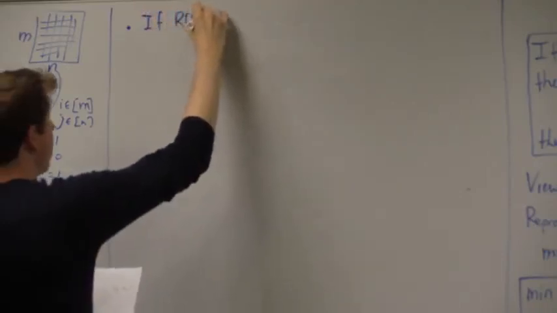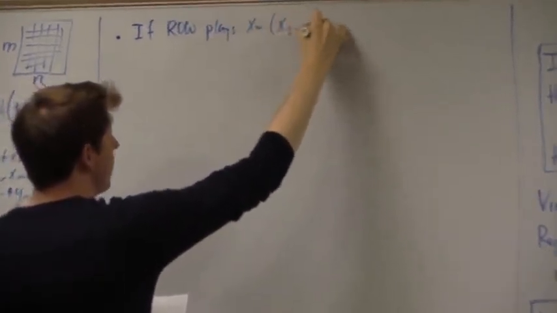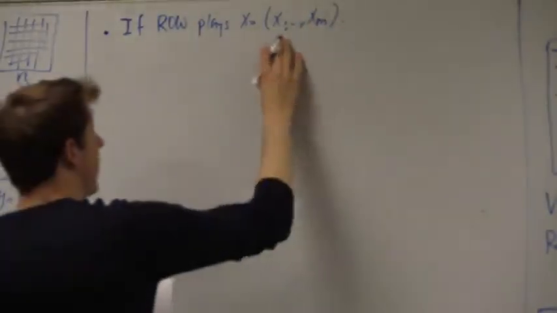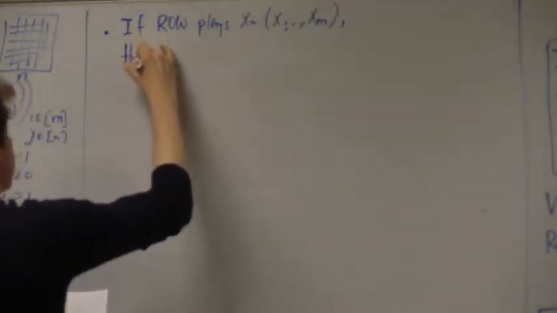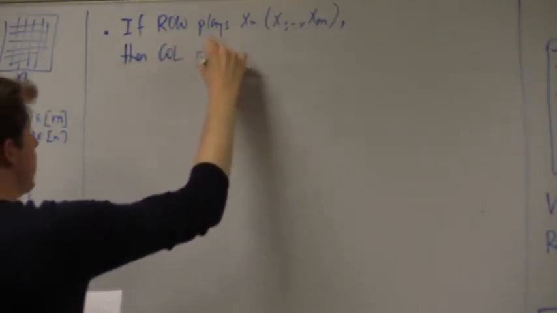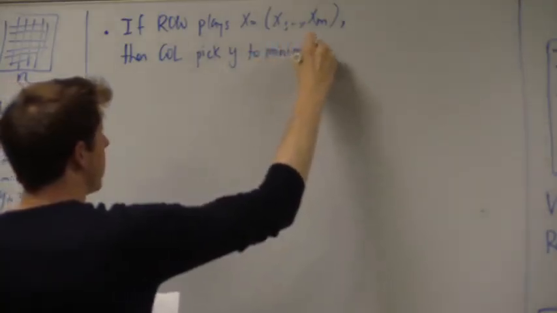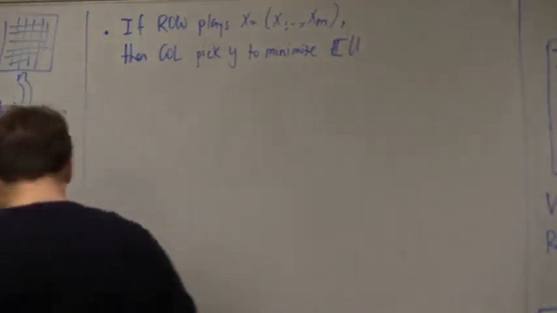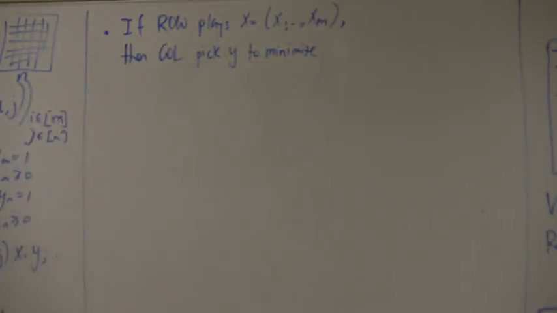So if the row player plays, now we're again trying to model a generic strategy, x1 through xm, okay? Then the column player will pick some y to minimize the expected utility.